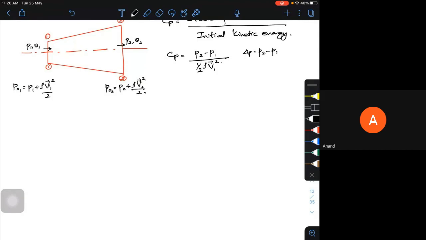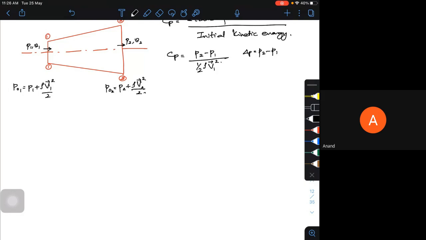It doesn't matter whether the velocity has increased or decreased. The changes in velocity are negligible. V1 is around 2 meters per second and V2 may be around 3 meters per second. The difference between the velocities is not that much, but the pressure recovery is greater.